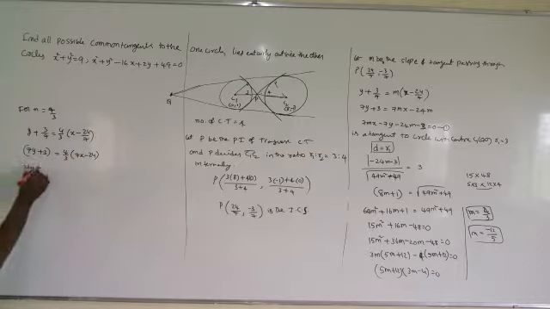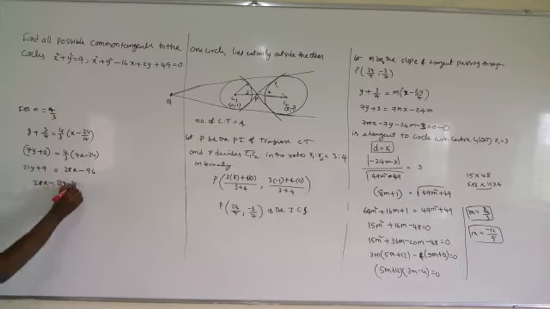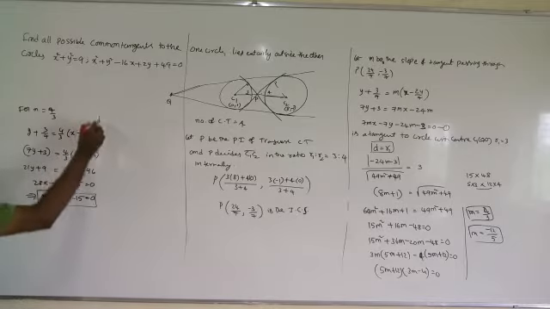So 21y plus 9 equal to 28x minus 96. So 28x minus 21y minus 105 equal to 0. So this is 4x minus 3y minus 15 equal to 0 by taking 7 as common.